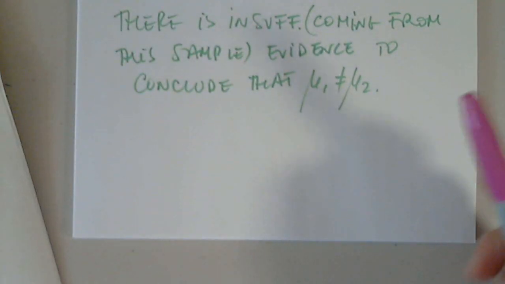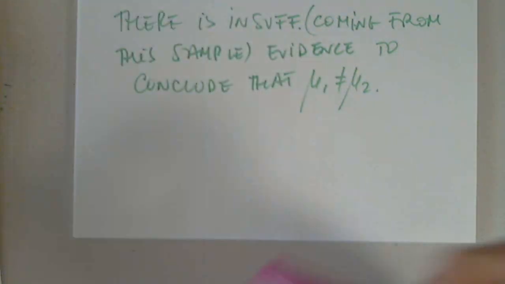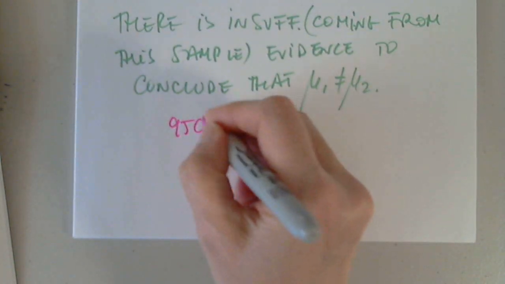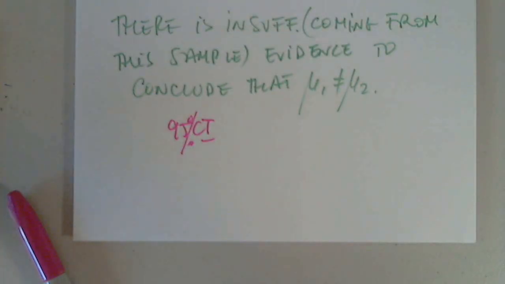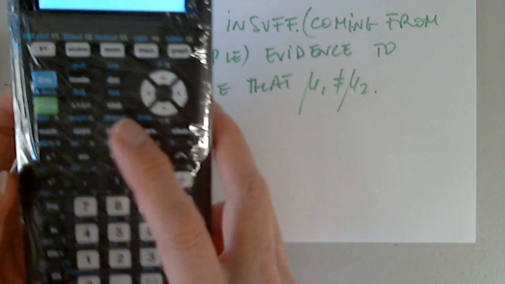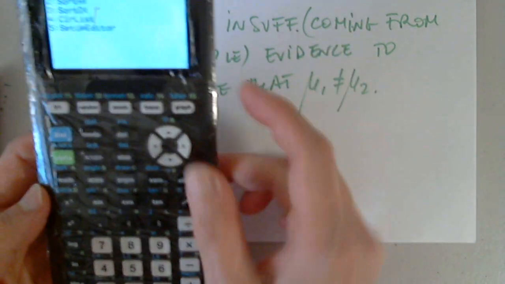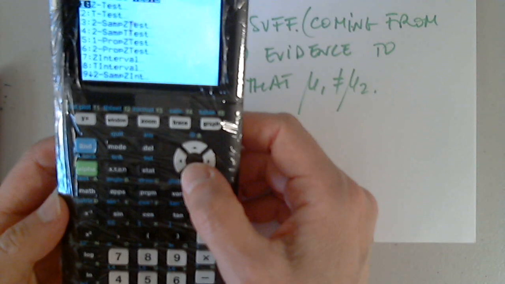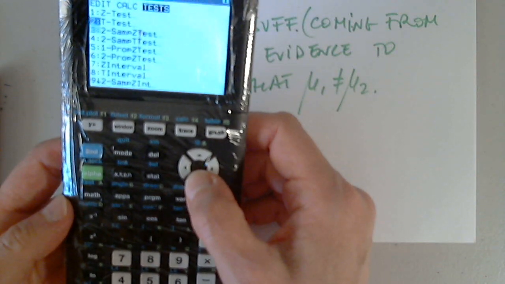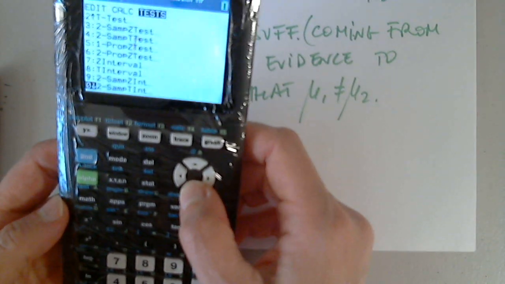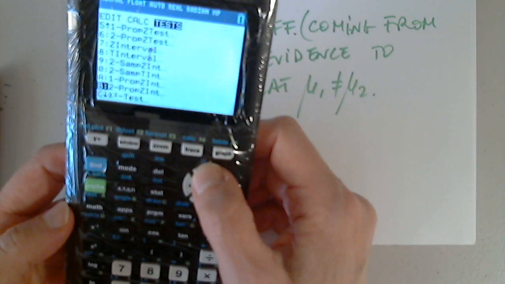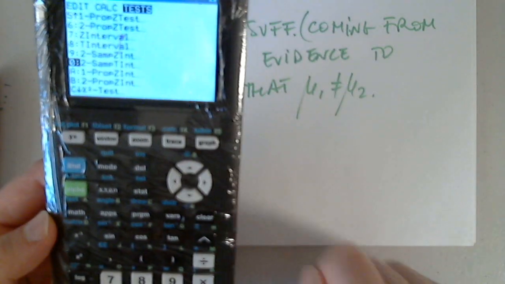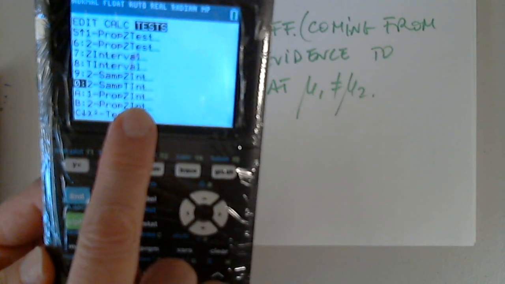Now for the same problem, we're also asked to find a 95% confidence interval. Okay, so let's go to stats again. We have the data. Go to tests, and this is the 2-sample t interval.